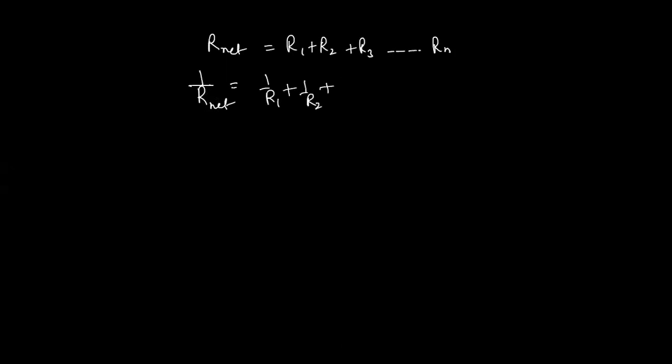Okay, बेटा. तो अभी हमारे पास है, we have that R net in series is equals to R1 plus R2 plus R3 and Rn, and R in parallel, 1 upon R net in parallel is equals to 1 upon R1 plus 1 upon R2 plus 1 upon R3 plus Rn.